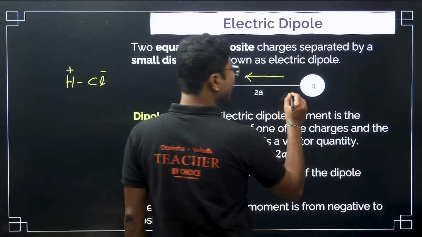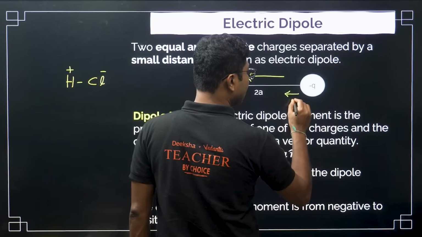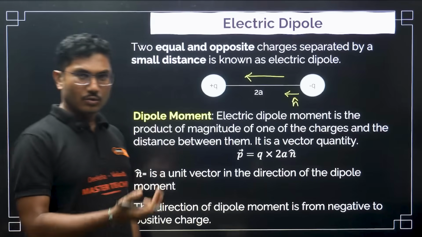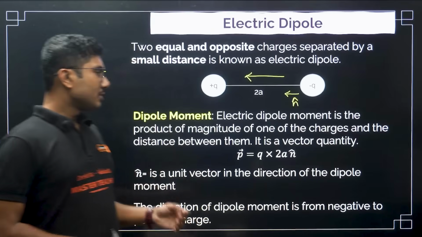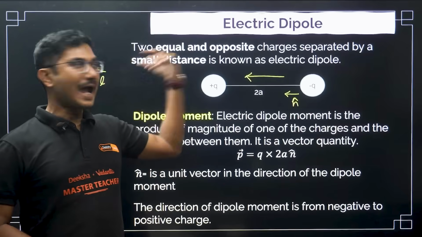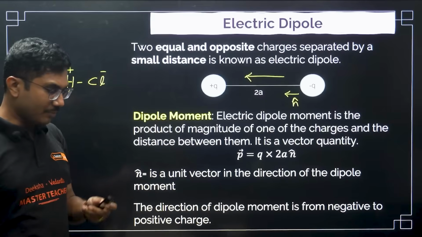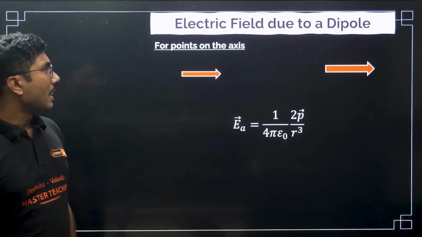Small unit vector, only direction, no value. So n cap gives you the direction of the dipole, and it is from negative to positive. Very important point to remember.